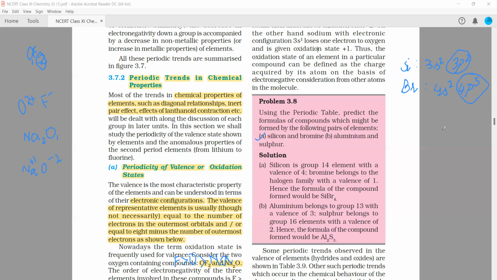That means you need 2 bromine atoms. So Br2 you need, and the one silicon can give its 2 electrons to 2 bromine, and here also the valence shell will be complete. So bromine 2 and silicon 1. So this is the formula.